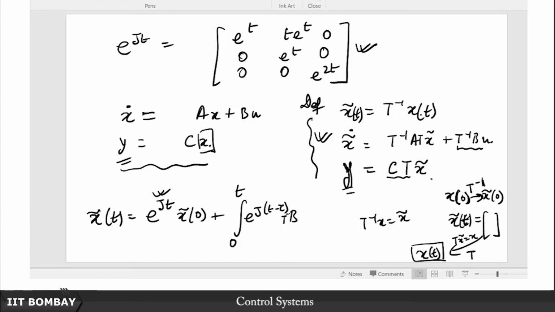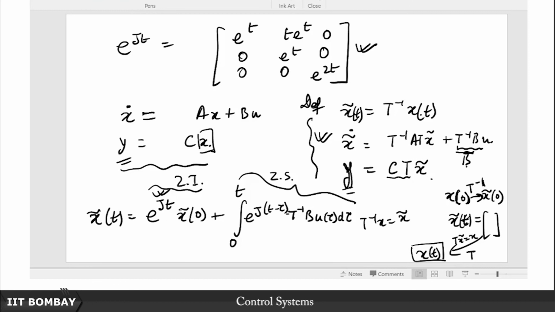Of course, there is a T inverse sitting here, because this is my B, so this is B tilde. Let me write that cleanly: this is T inverse B u(tau) d tau, where in the transform domain the first term is my zero input response and this is my zero state response.